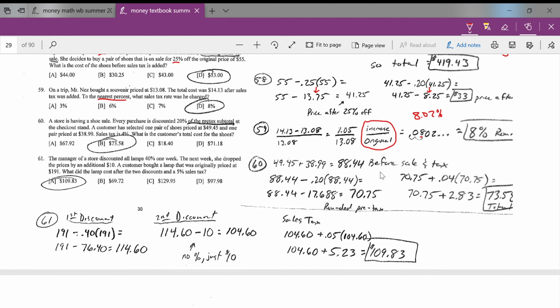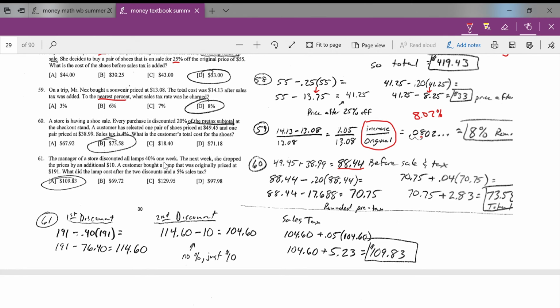First thing we need to do, even before we start that though, is find what the total is before the sale and the tax. So they're buying 2 pairs of shoes. One for $49.45, another for $38.99. So the first thing is find the total before any discounts. $88.44. Okay. Then, now we have a 20% discount.